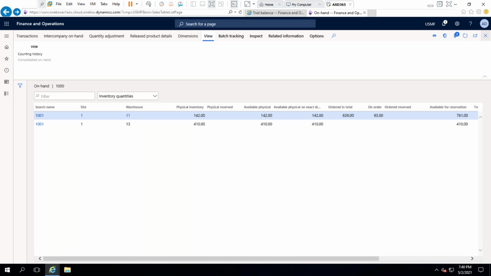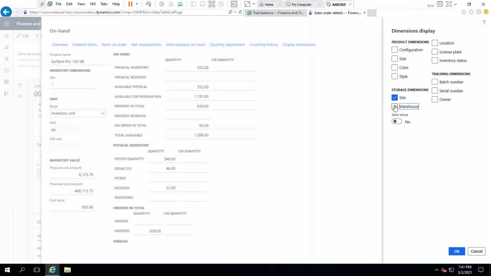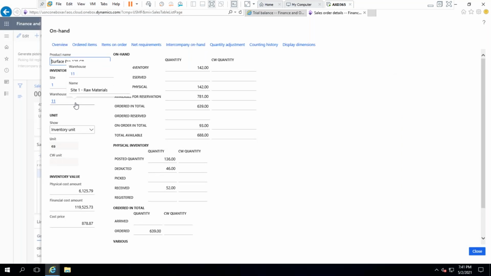I think it is a lag. So for warehouse 11, it is not possible to look at 13 now. If you want 13, you can go to value. It may show you only for one.